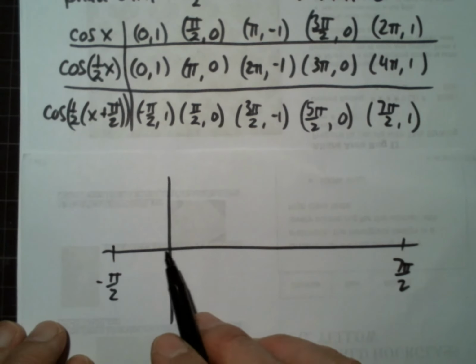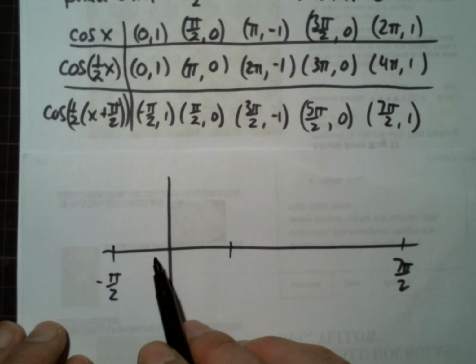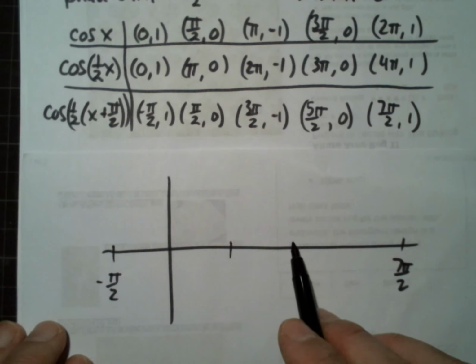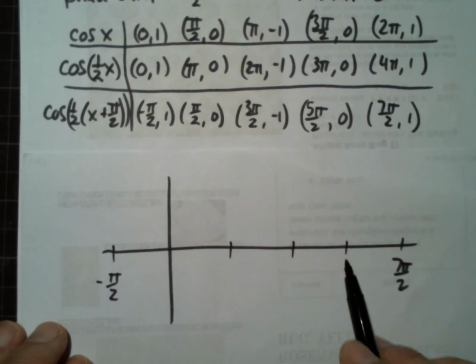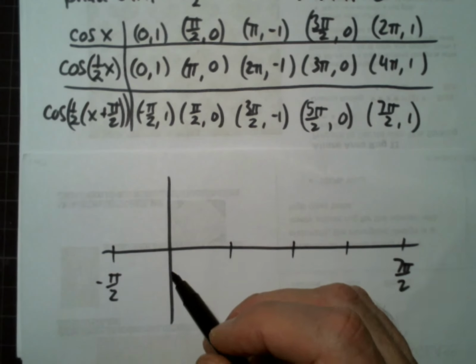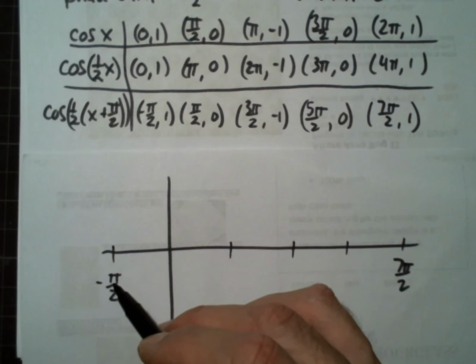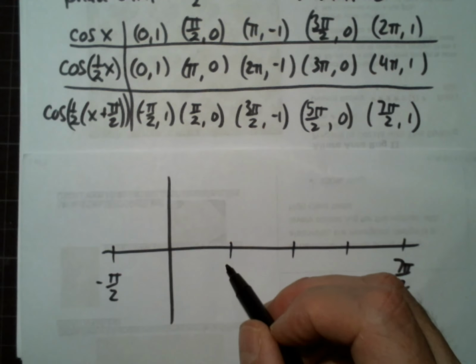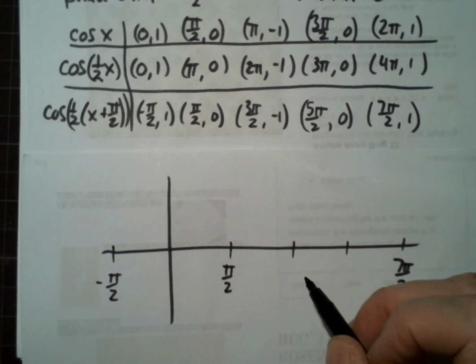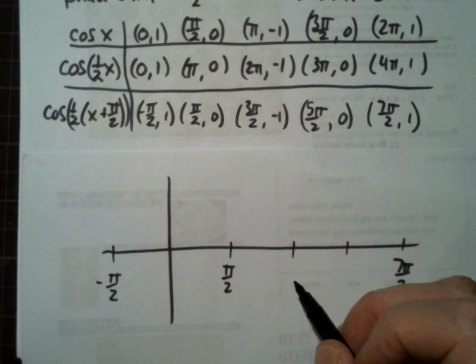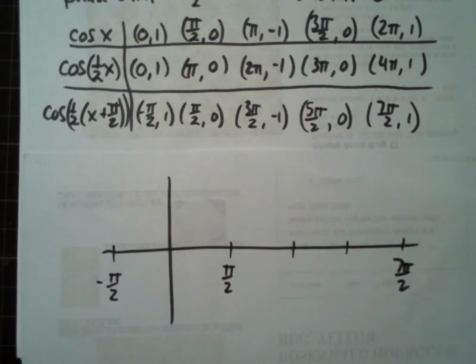So here, this will be 1, 2, 3, 4. Negative pi over 2, here's pi over 2, 3 pi over 2, start again.